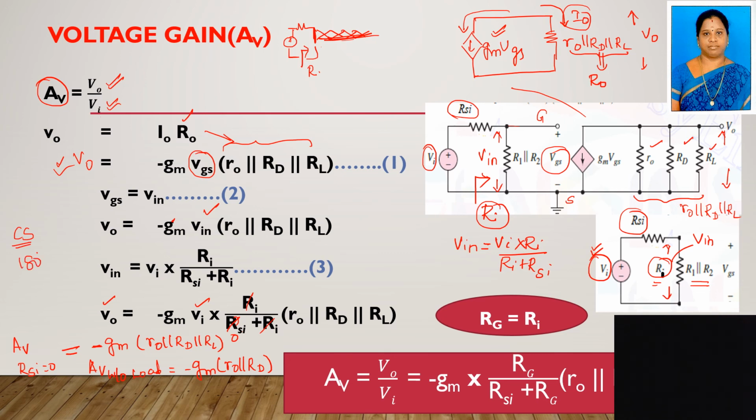That means if this is your input signal, the output signal will be 180 degrees out of phase. That's why we have the minus. For common drain as well as common gate, we don't have this kind of minus in the gain equation. So thank you all, I will stop here.